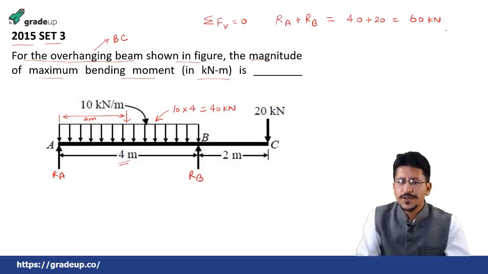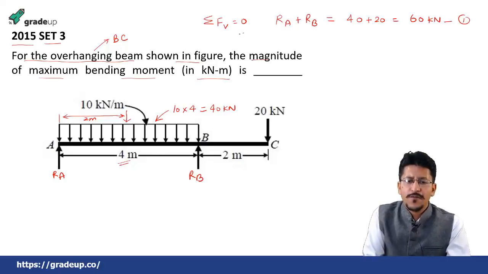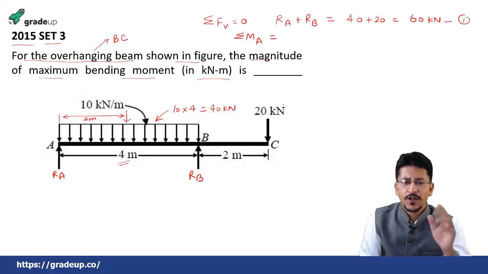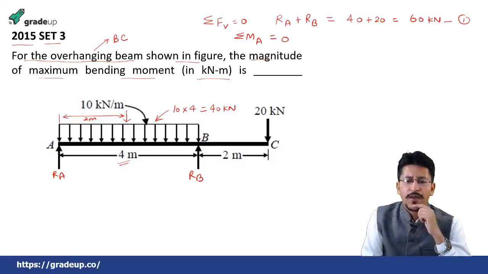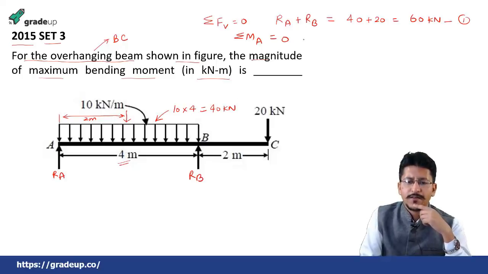This is the first equation. Then taking the summation of moments about A or B, I am taking about A, you can take it about B also, equal to 0, what will we have? This load, that is the UDL of 40 kilonewton, that is now converted to the point load, acting at a distance of 2, that will cause a negative moment, which implies 40 into this length is 2 and this is minus.